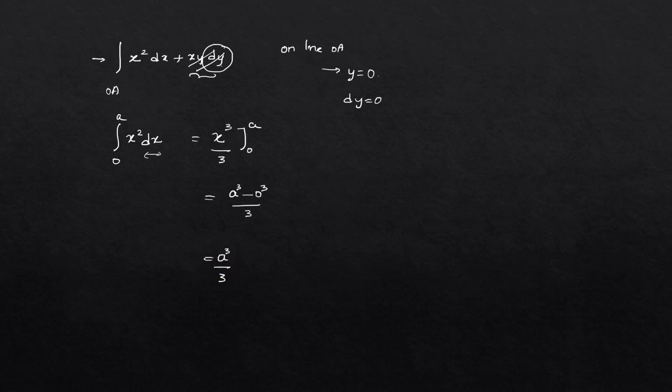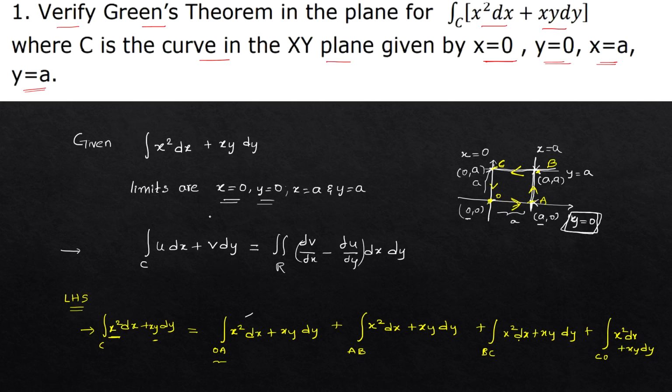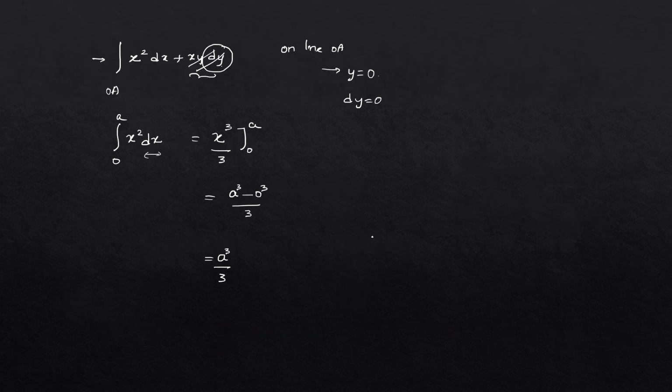In the same way, I am separating by a line and doing the same thing over the line AB. OA is finished now. In the same way, we have to find the integral for the line AB.